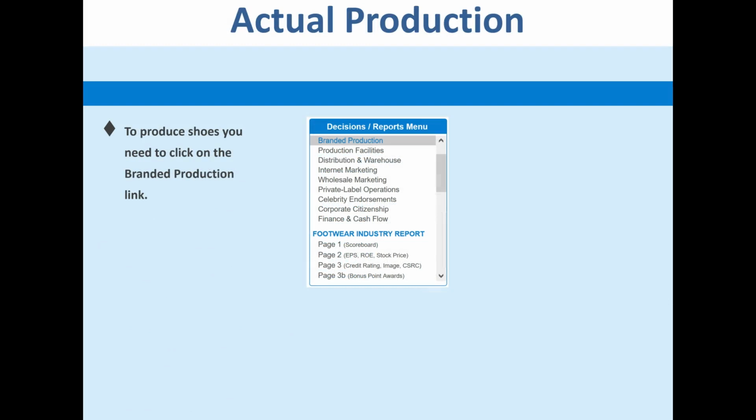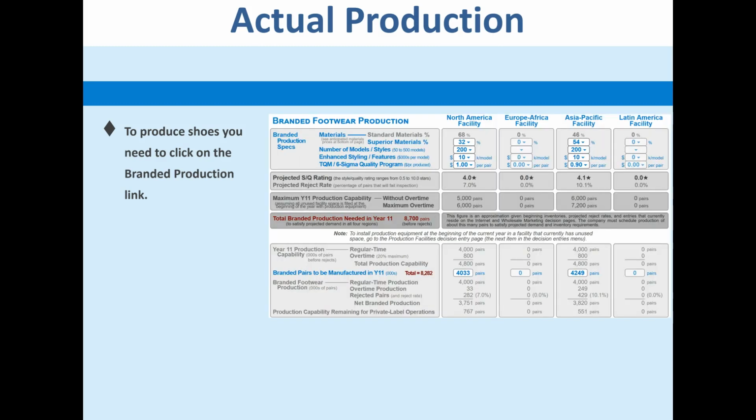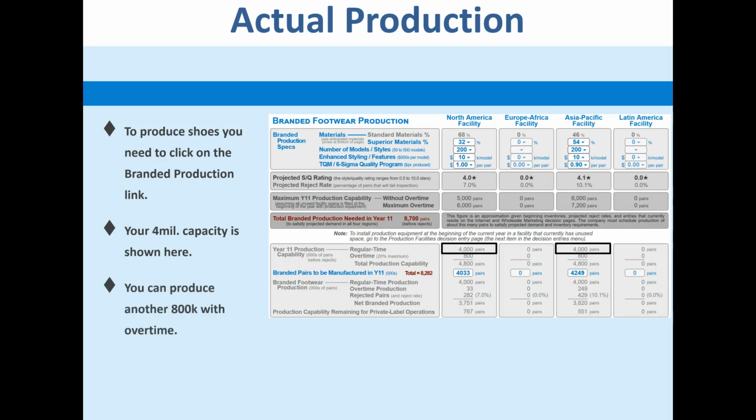Now, if you have enough capacity and you actually want to produce your shoes, you need to click on the branded production screen. And this is where you actually produce your shoes. Now you can see your capacity here: you have a 4 million capability in each region. And because you could use overtime, you have an extra 800,000 pairs you can produce using overtime.